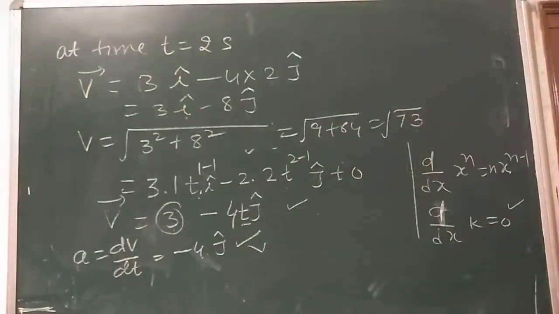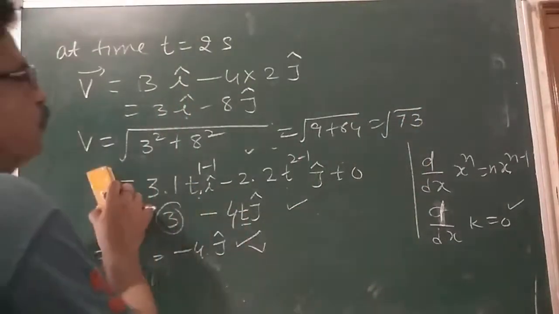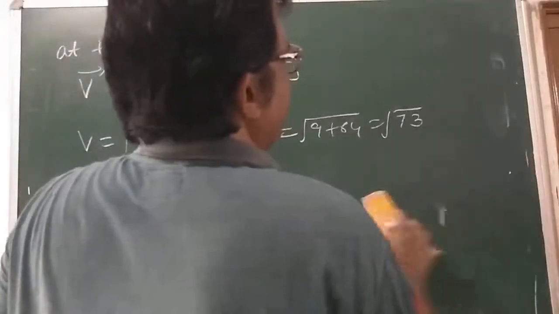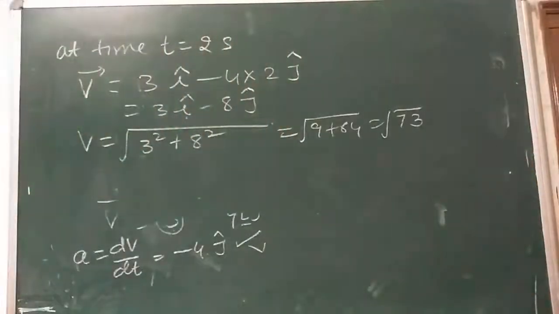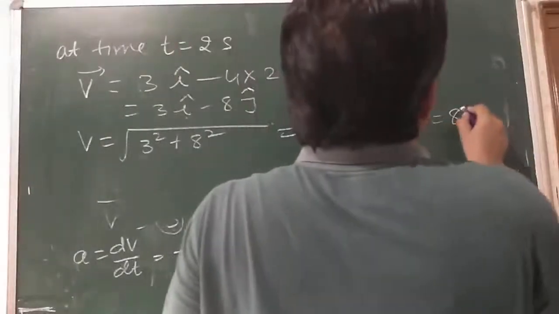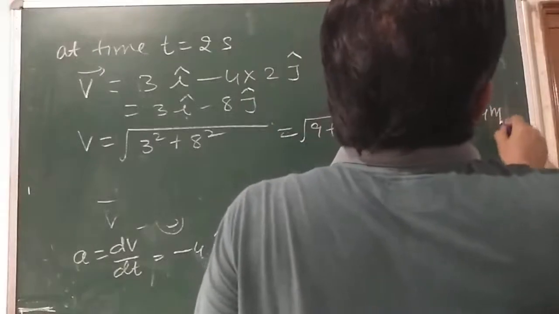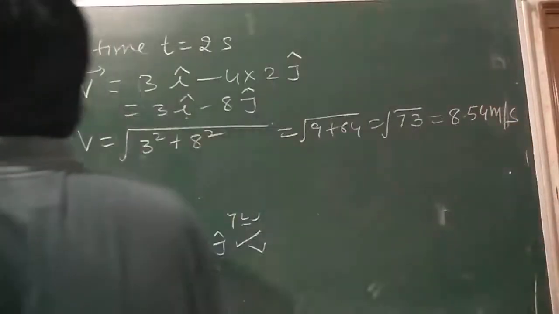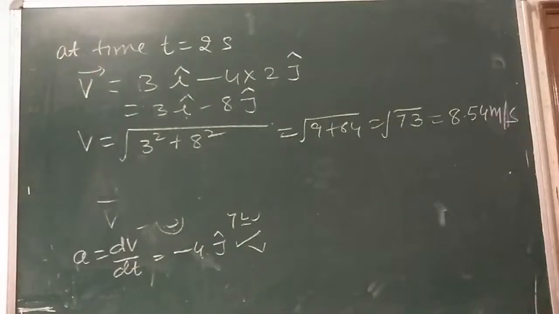Under root 73 is around 8 point something, if you calculate it, 8.54 meter per second. Is it clear? So this you can write here.